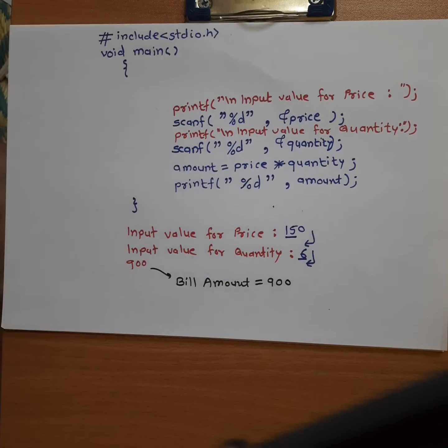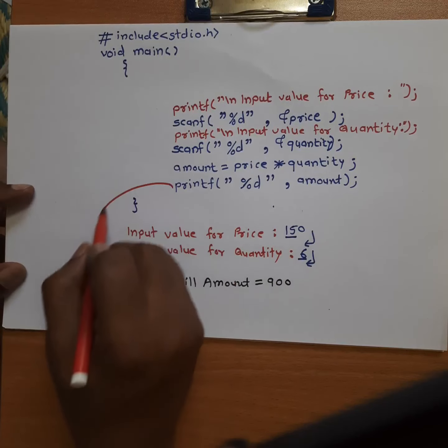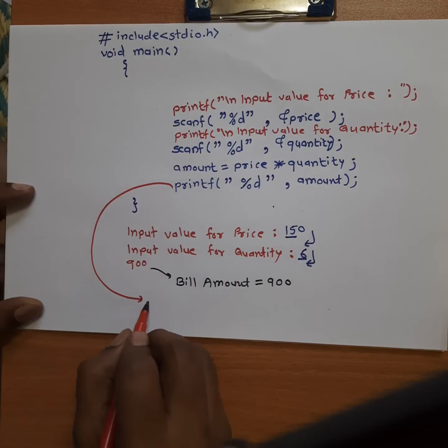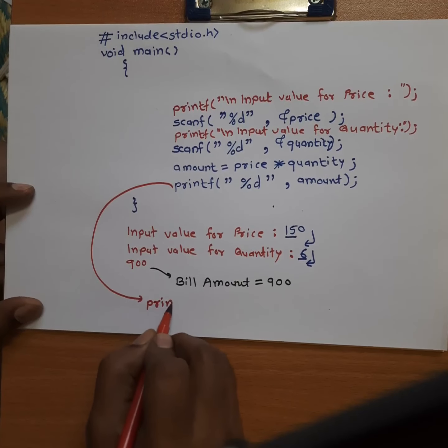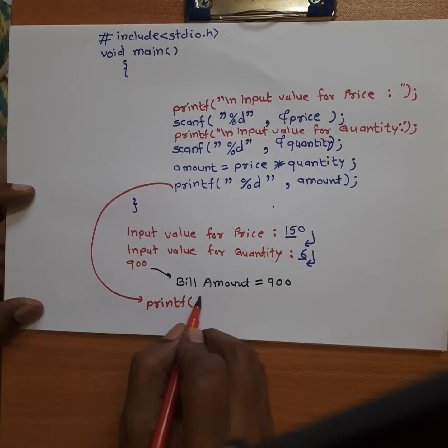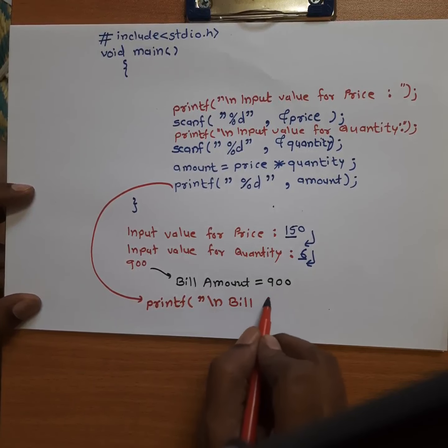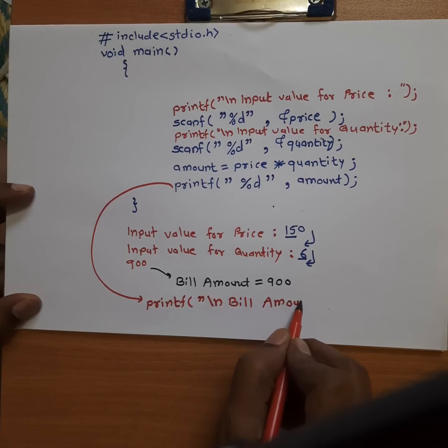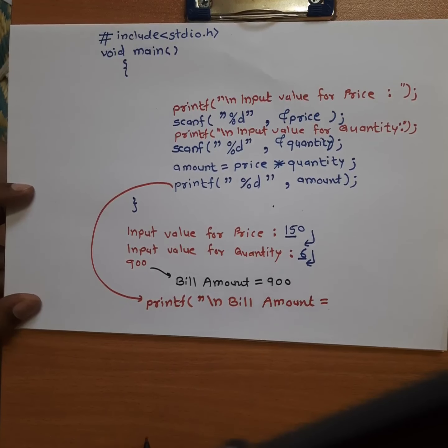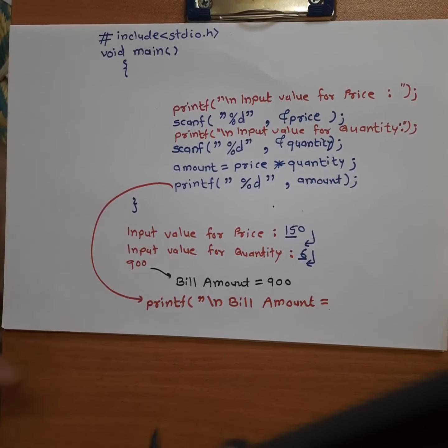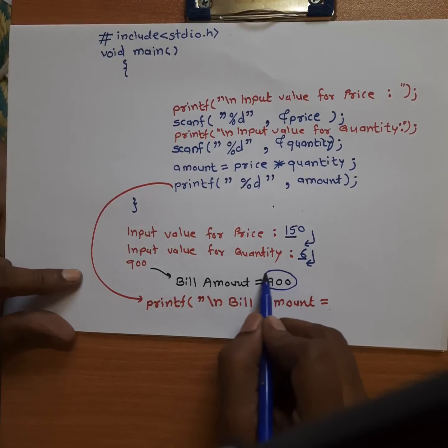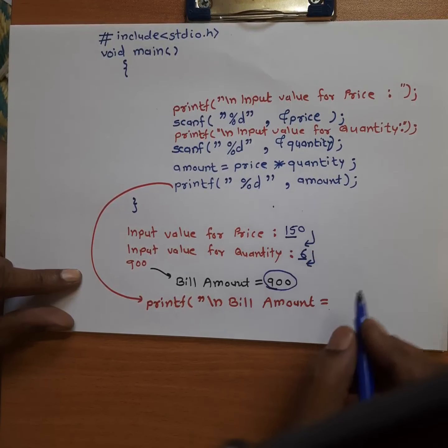So we can modify this printf statement as printf, \n bill amount, which we will display as it is, because we want to display it. And 900 is nothing but the value of amount.